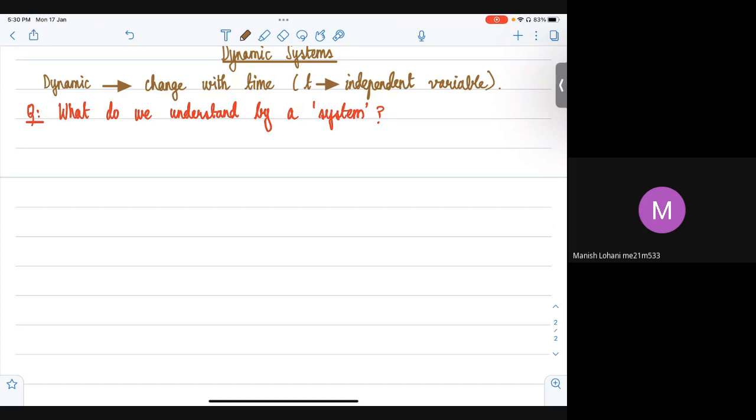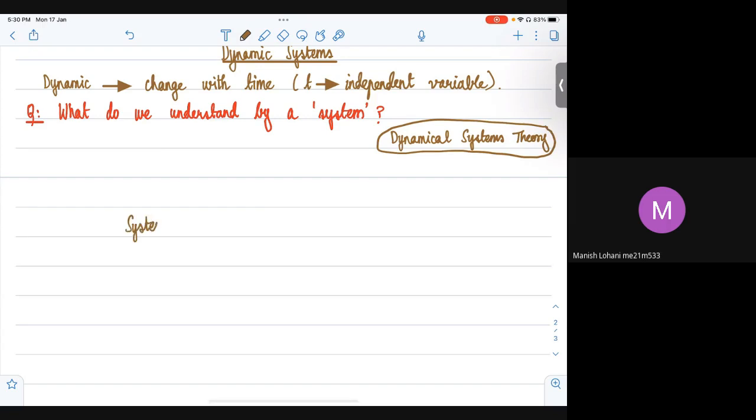As far as our course is concerned, whatever I'm going to teach falls under the broad domain of what is called dynamical systems theory. When we talk about a system in this domain, we are talking about an entity to which we provide an input, and we get an output from it.